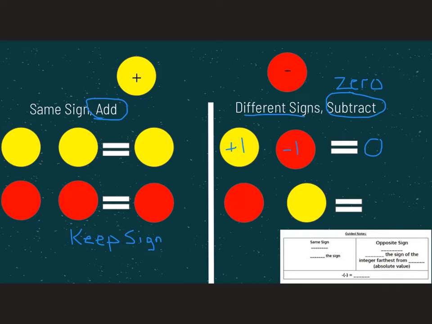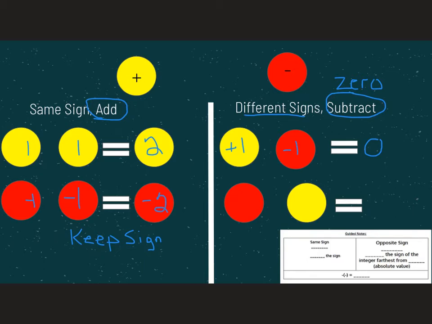Over here, I have a +1 and a +1, so that would equal a +2. A -1 and a -1, they're the same sign, so I'm going to add those, and that would give me a -2. So just remembering what's happening with our positive and negative values.